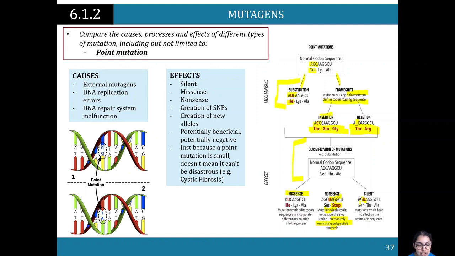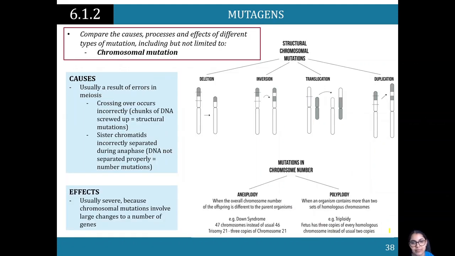So AGU also leads to the amino acid SER, I don't know the full form of SER, but it leads to the production of this specific amino acid, and so does AGC. So there are a couple of anticodon combinations that will lead to the same amino acid being formed, and so as a result, luckily, there is no effect on the amino acid sequence.